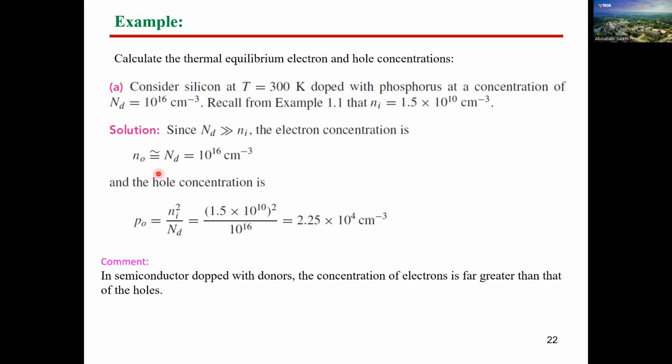As you can see, the electron concentration is 10 to the power 16, and the hole concentration is 10 to the power 4. So this is a numerical example just to show you how to calculate the concentration of holes and electrons in this material.